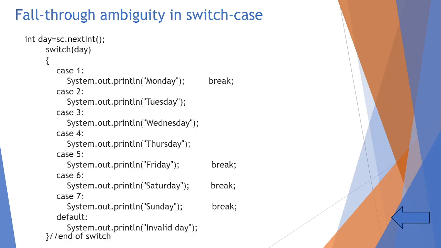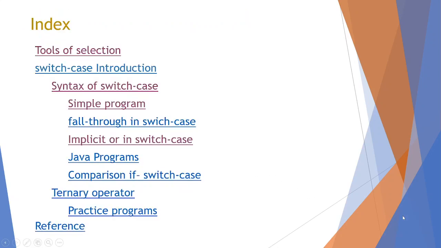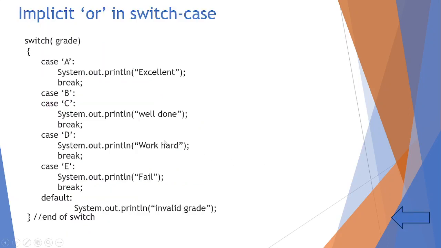If the user gives case 3, that is day is 3, sc.nextInt, immediately it starts displaying from Wednesday, Thursday and Friday, then it stops. So it might create ambiguity if we write programs without proper break statements. But in this program, the valid implicit OR case, it is okay.